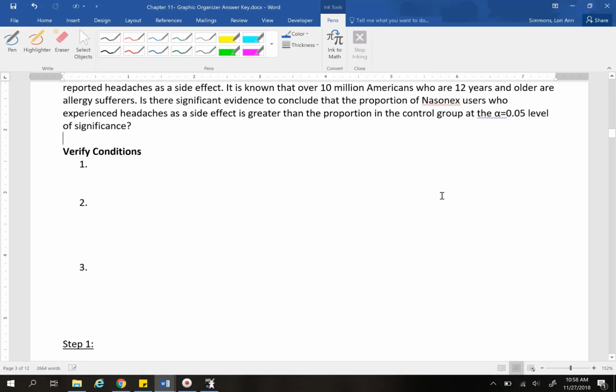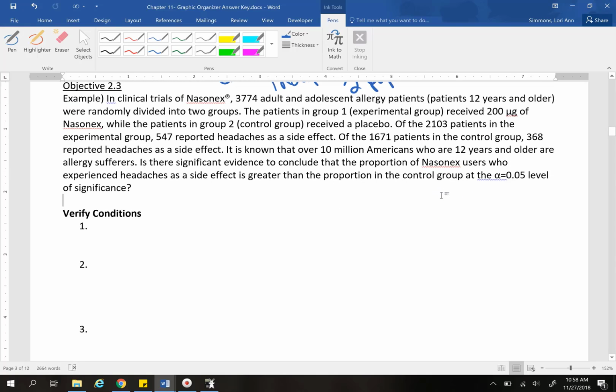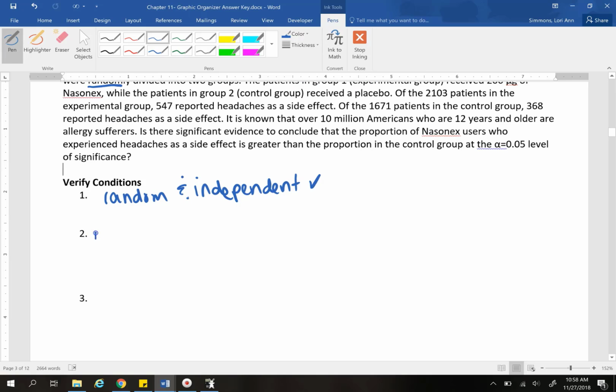So let's first verify the conditions. They were random, and we verified that they were independent. Okay, are they normally distributed? So we need to verify these formulas.